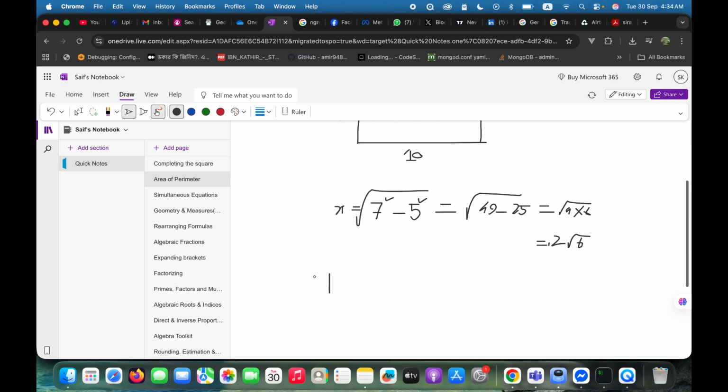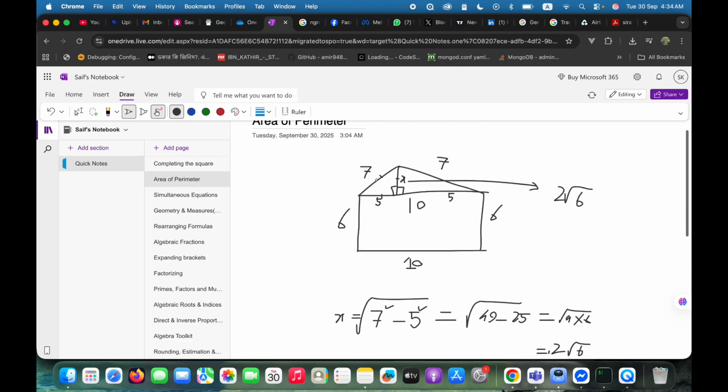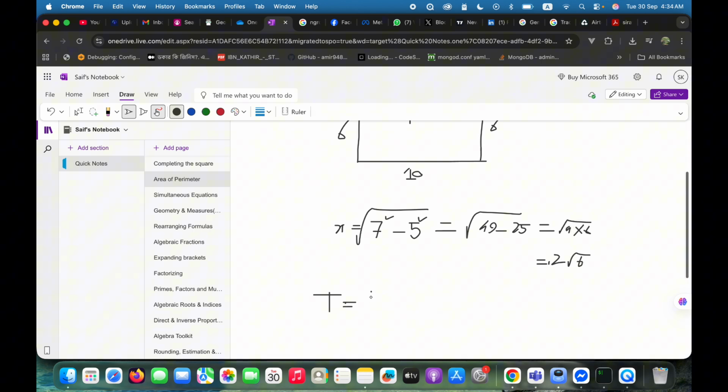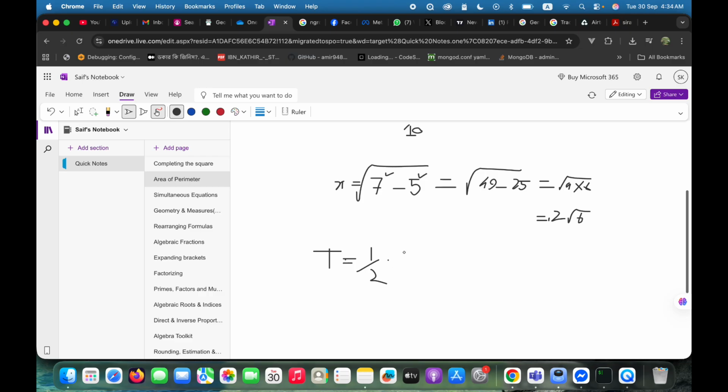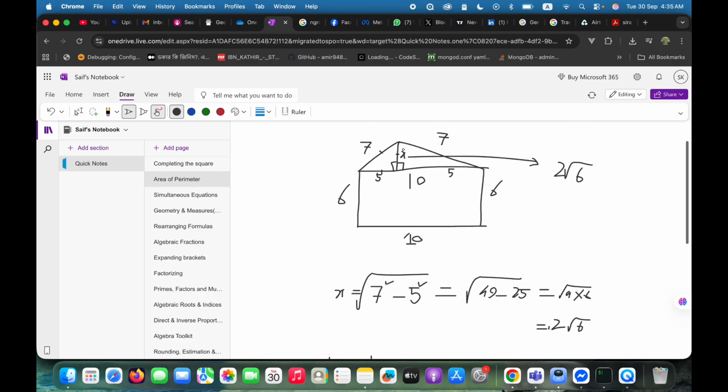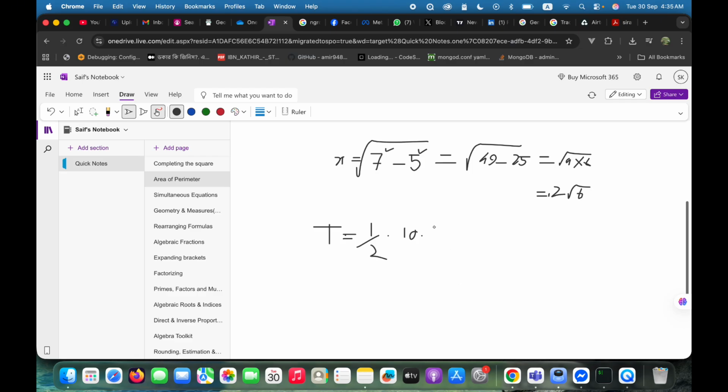Let's say the total area of this entire face is t. The total area is the area of the triangle, which is half multiplied by the base, which is 10, multiplied by the height, which is 2 root 6, plus the area of the rectangle.